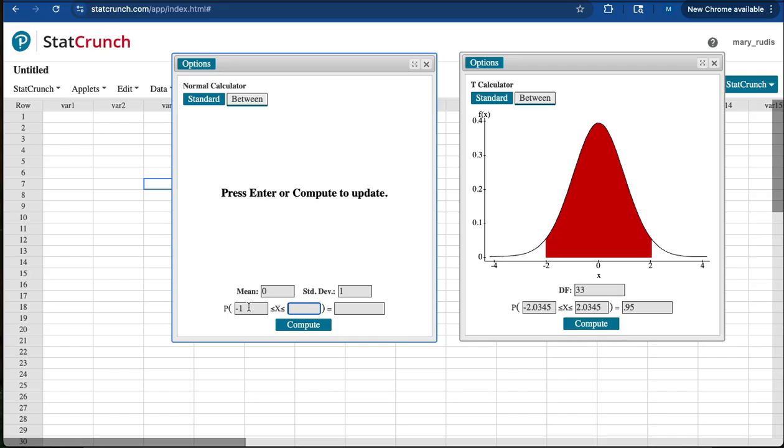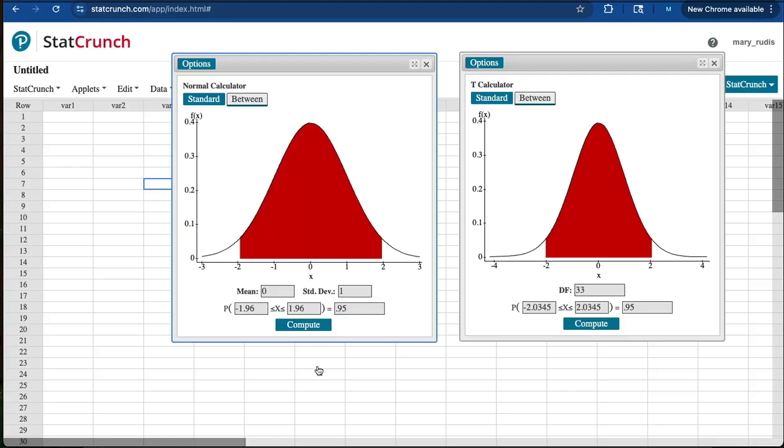Okay, so again, we want to blank out these two squares here, and the one on the right is going to be 0.95 again. And I'm going to hit compute.